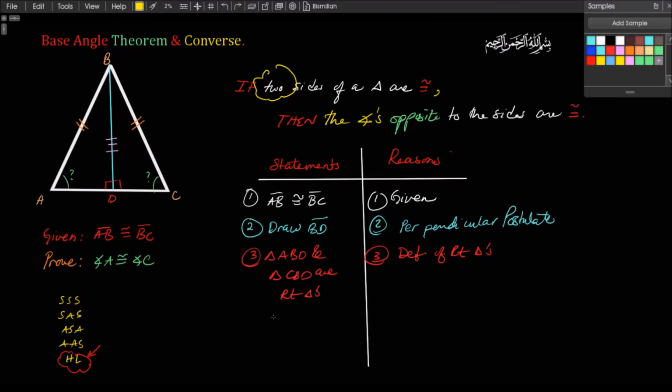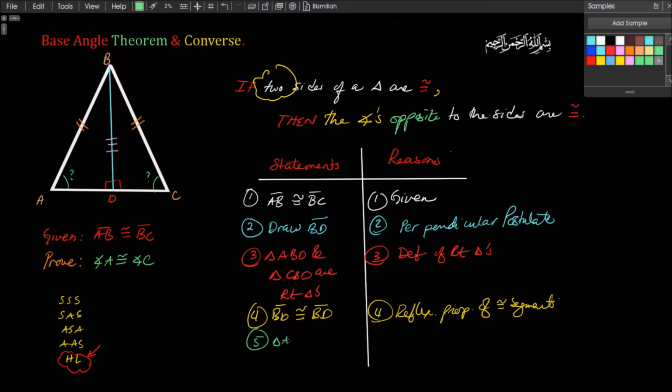So we're going to do this. But before we can say those two triangles are congruent, we have to state the following. BD is congruent to BD. Why? Because of the reflexive property of congruent segments. See, now I can say the two triangles are congruent.